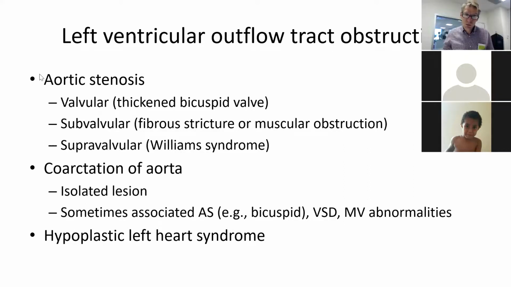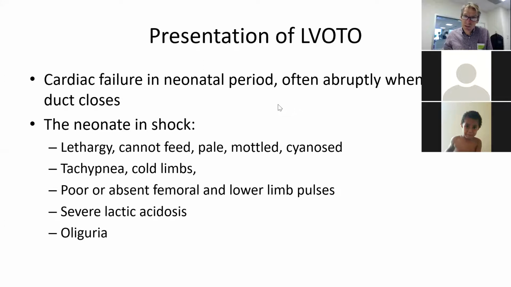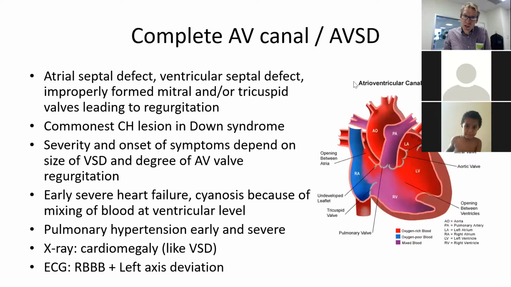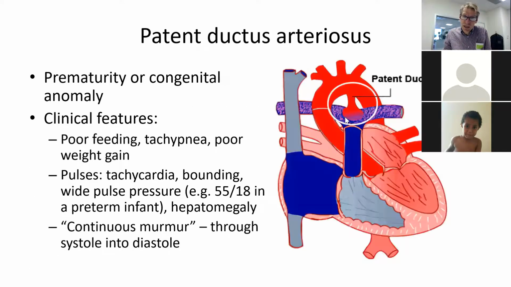So most aortic stenosis is congenital, but you need to recognize the signs of LVOTO, and they all present a bit in the same way: with heart failure, usually in the neonatal period, and often it comes on very abruptly when the duct closes, because before the duct is closed, no matter how obstructed the left ventricle is, the legs, the lower limbs, and the lower half of the body are perfused with blood through the duct.